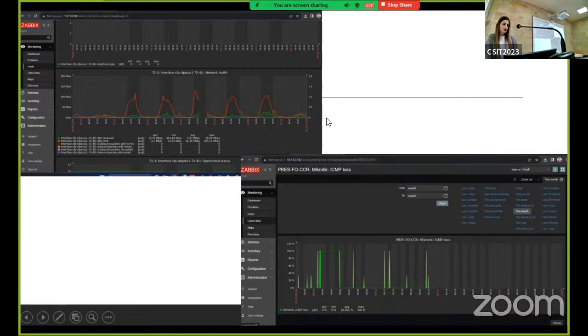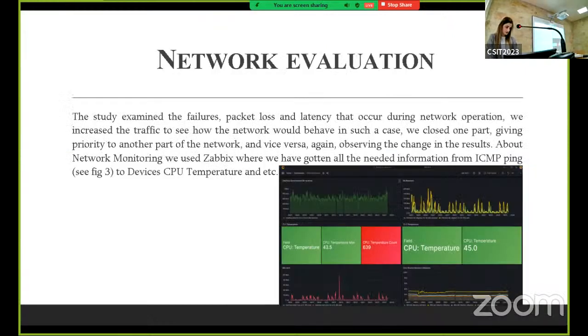We can also get graphs with another platform called Grafana. By simulating and getting data from these programs, we saw that in Grafana we can get data from Zabbix and then create the graphs that we need.